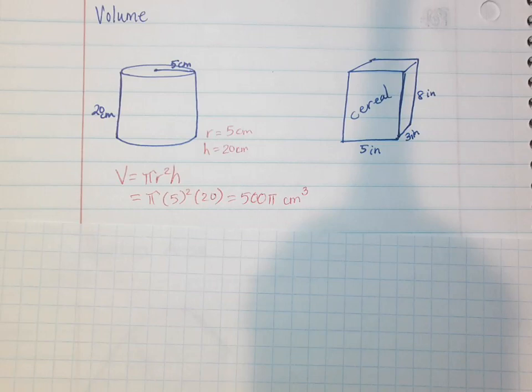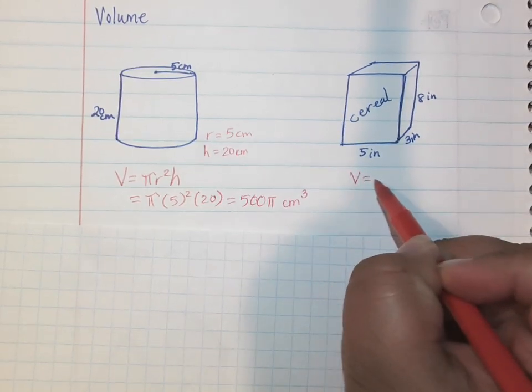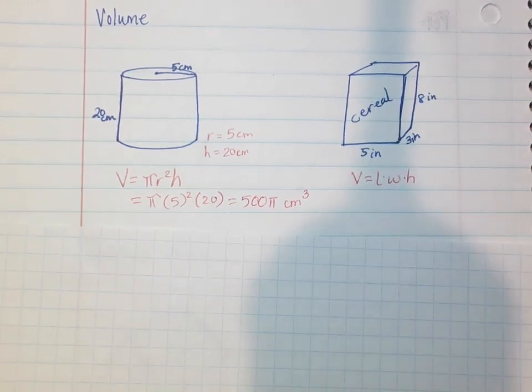Okay, so here's a cereal box, and we have our dimensions. We're trying to see how much cereal would fit inside of the box. So the formula, according to our formula sheet, is length times width times height.